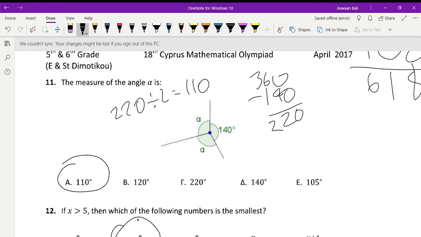And easily, you get the answer as 110 degrees, which is alpha. You basically just have to know the rules. The rule you had to know is that a full circle is 360 degrees. Pretty simple, right? Okay, let us continue.